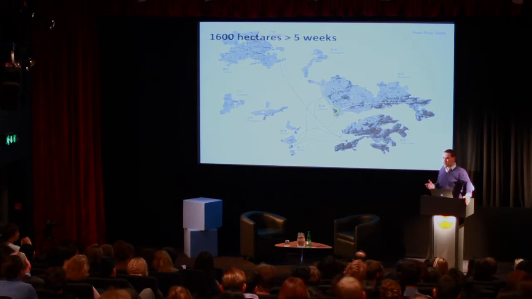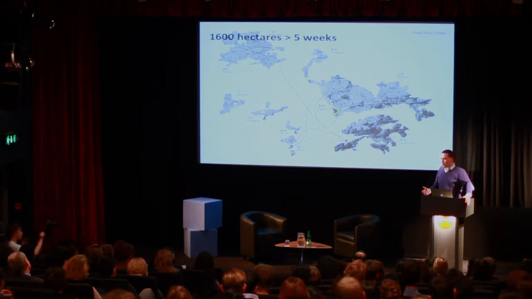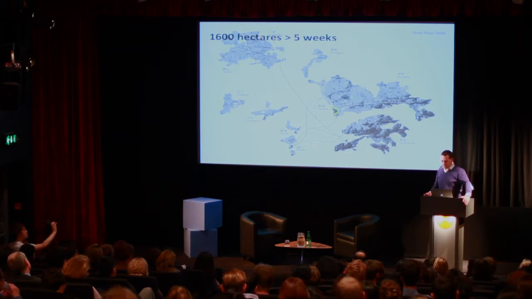If you really try to understand what that means for the development of a city, about 16 square kilometers are planned in 5 weeks. You can understand that these first-tier cities need to be rooted in their context to be able to keep up with this enormous challenge.